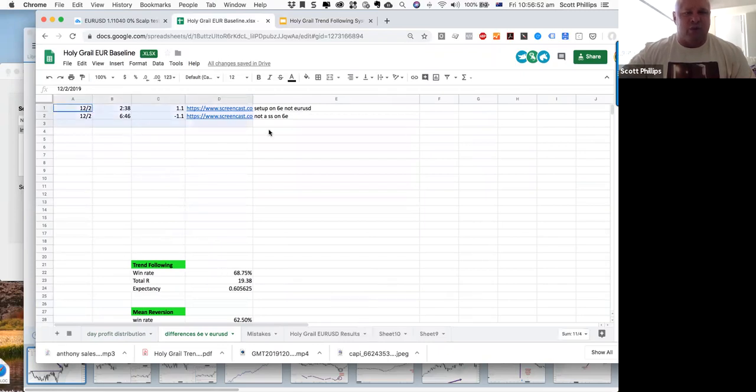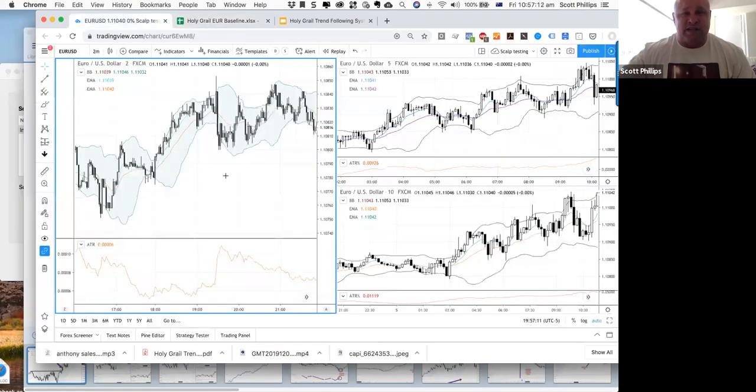So far this week, there've only been 2 differences between a setup, and they'll both wash. Once there was a setup on 6E, not on Euro USD, and once there was a setup that wasn't a shooting star on 6E. So there are differences, but so far it's about the same with small differences. And 6E is definitely liquid enough to trade.